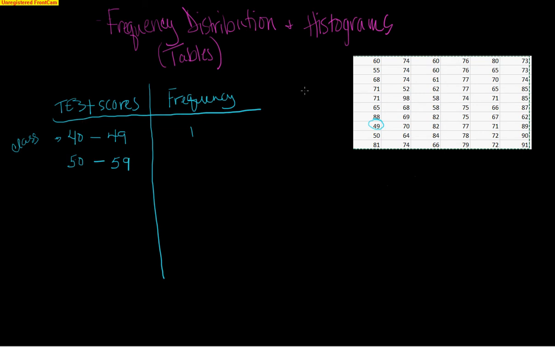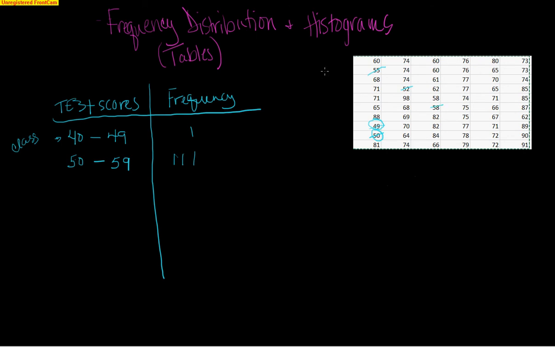And we can go through here and cross, and every time we see somebody between 50 and 59, we'll add them. So there's a 50, we'll cross it off. Here's a 55, there's another person. Just scanning, and I may miss some. There's another person.